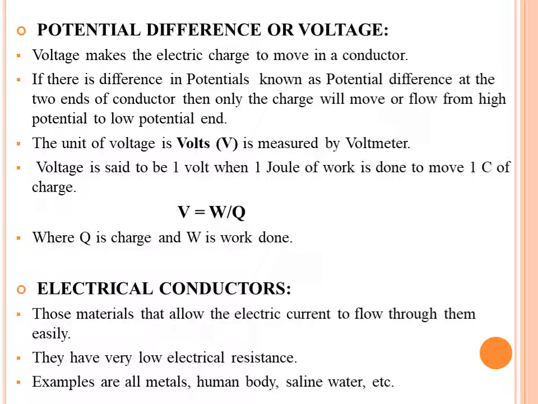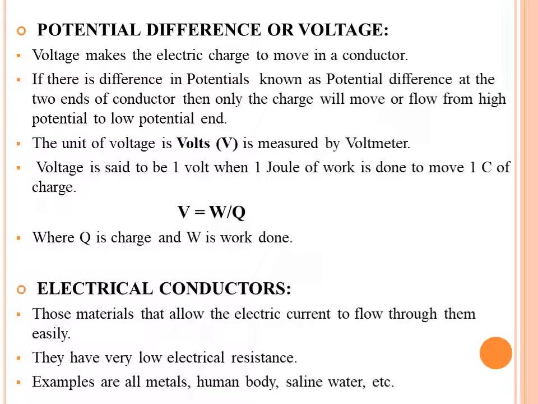V = W/Q. So voltage is doing the work to move 1 coulomb of charge. Because of voltage, the charge is able to move from one place to another and hence current is produced.